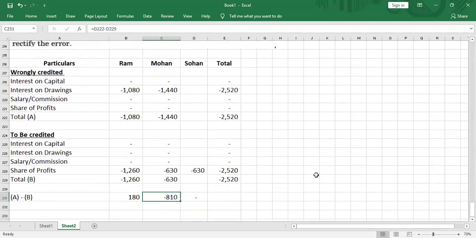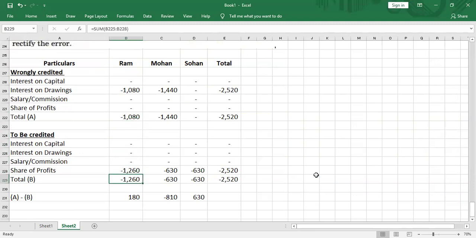So that, my dear children, gives us that actually Ram has been wrongly credited 1080 rupees.